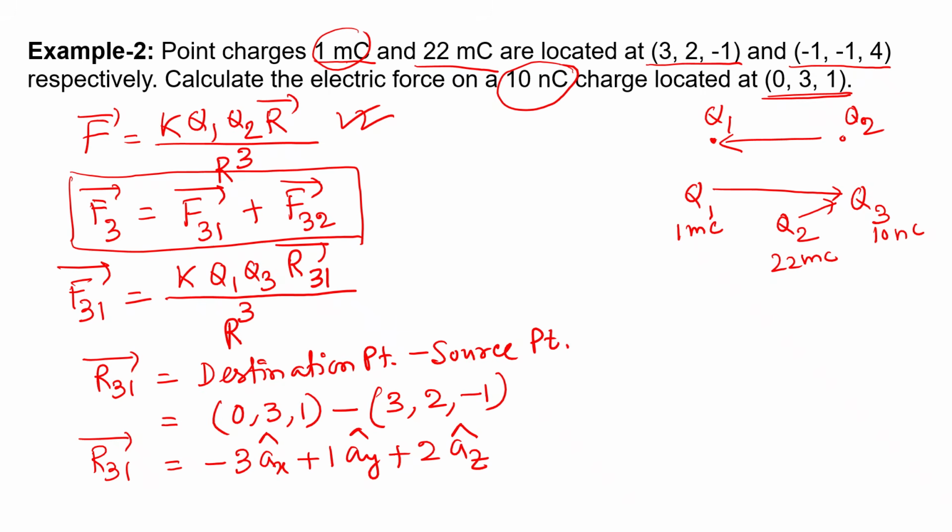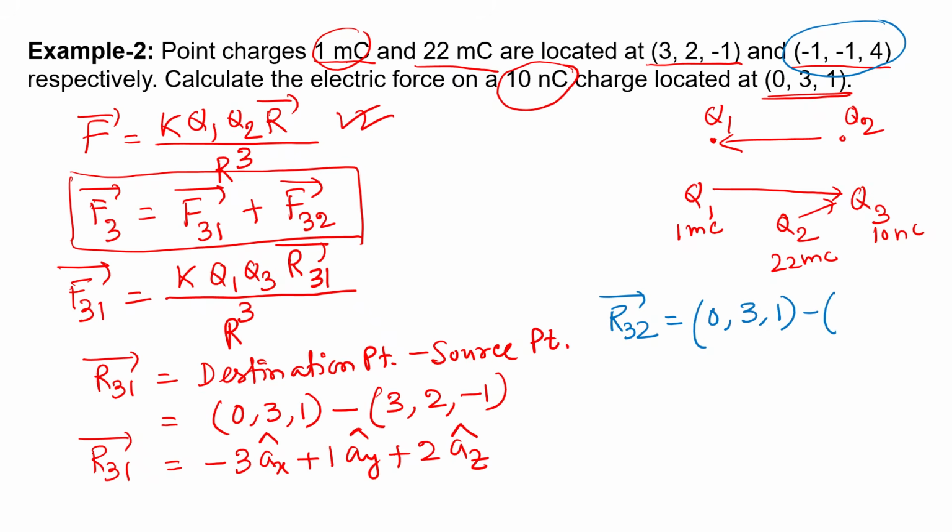Similarly, I can also calculate R32. The R32 vector will be the destination point as usual, (0, 3, 1), minus the source point. The source point here for Q2 is (-1, -1, 4).